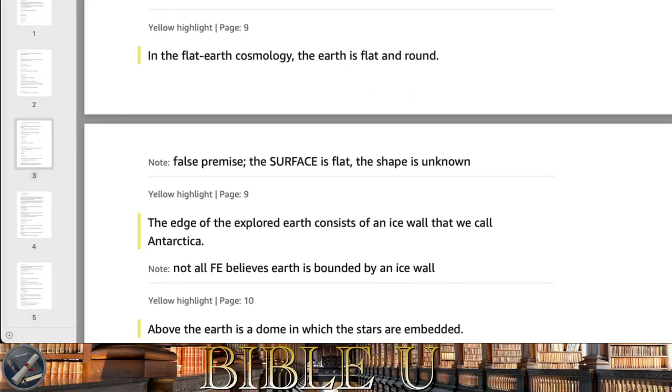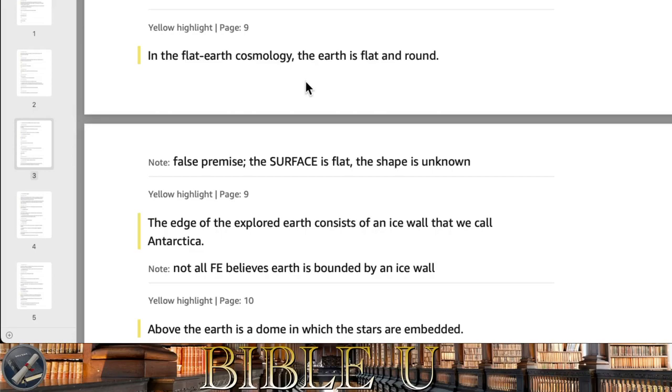Now, he says, and we're down to page 9 now. I'm not going to try hard to keep track of the page numbers because that's not helpful depending on the format. But he says that in flat Earth cosmology, the Earth is flat and round. Not everyone in the flat Earth community would say that it's round.